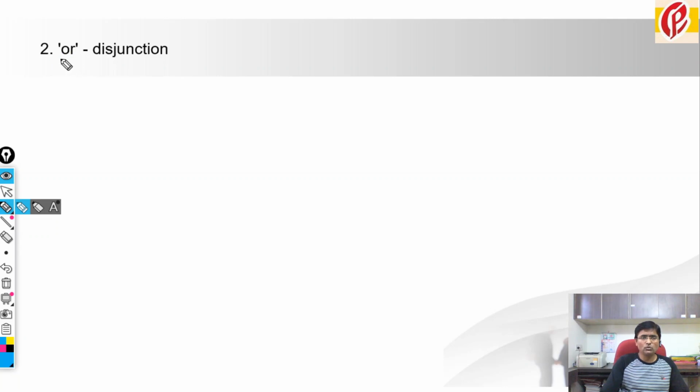Now we'll see second connective, that is or. If the two statements are joined with the or, then it is called disjunction. For example, he is tall or he is clever. So these are the two statements, and these two statements are joined with the or. So this is called the disjunction.